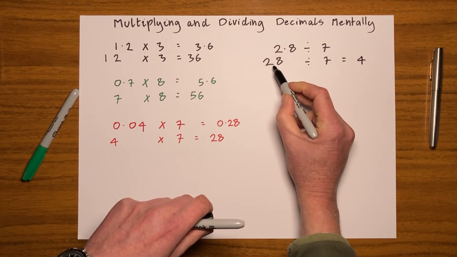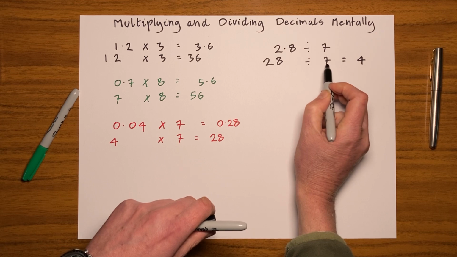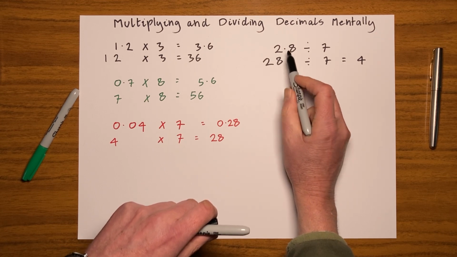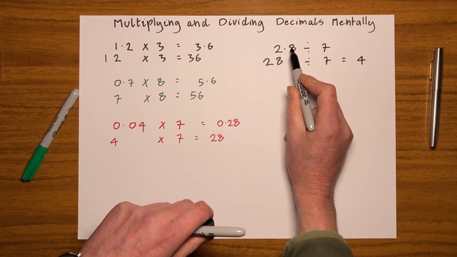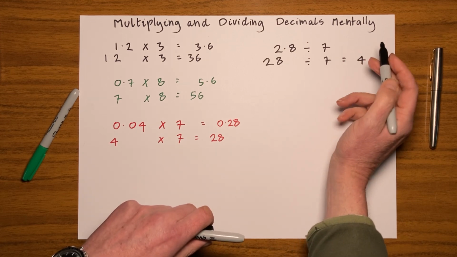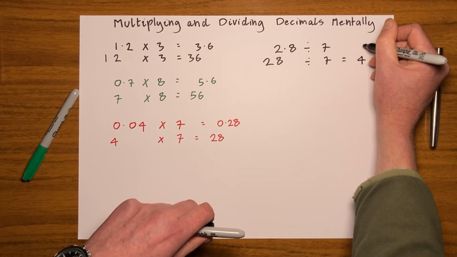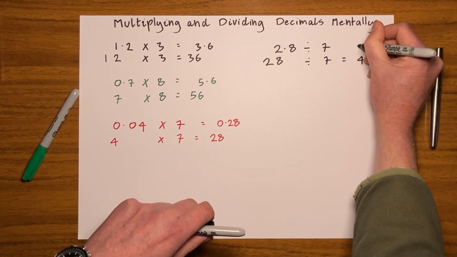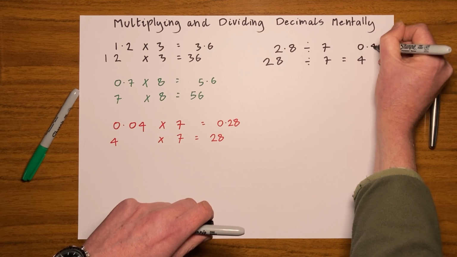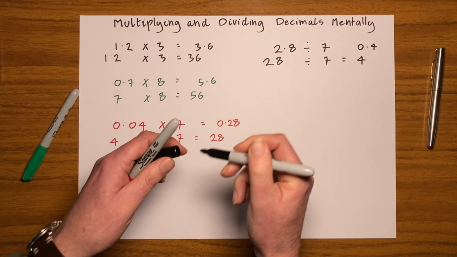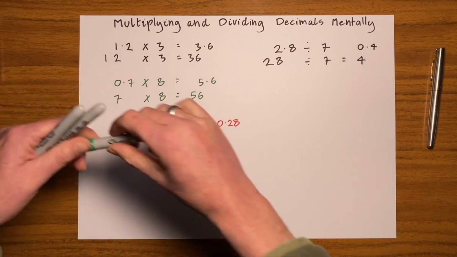But I don't have 28. I'm not splitting 28 into 7 groups. I've only got 2.8. Well, 2.8 is 10 times smaller than 28, so my answer must be 10 times smaller. So it won't be 4, it will be 0.4 because I've moved that digit 1 column to the right.